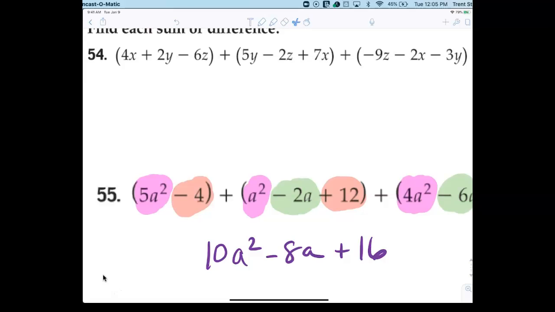Okay? 9x, 4y, minus 17. Everybody agree? That's kind of easy, right? Just combining terms. That's all we're doing. Combining terms.